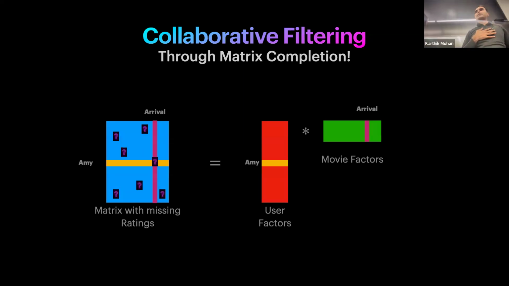So let's say Netflix gave me, I think they had a 100K data set as well. So I had a 100K data set and I split into train, validation, test. I'll take that 80K or 90K data, and those are my known ratings. My missing ratings might be in millions, but as long as every user and every movie has some representation in the ratings matrix, I can get a user factor and a movie factor for every single movie and every single user.